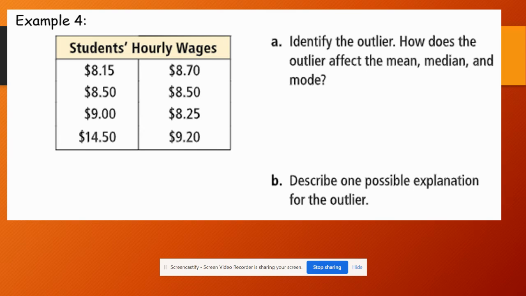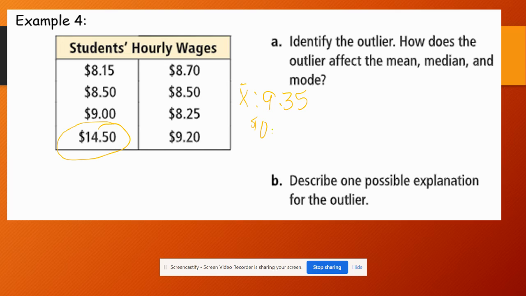Example 4, going back to this one from the previous page, remember we have 8s again, 9s, just on the early side of 9s, but we have that 14.50, and that's kind of way out there in left field. So again, if we calculate our new mean without the outlier, then we're going to get 9.35.